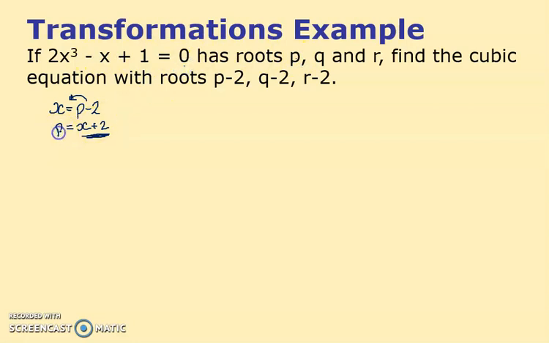So I've now written p, my root, as x plus 2, and it will still equal 0. So I know therefore that 2 lots of x plus 2 cubed minus, so notice the x has been replaced with an x plus 2, and the x is replaced with an x plus 2 as well, plus 1 equals 0.